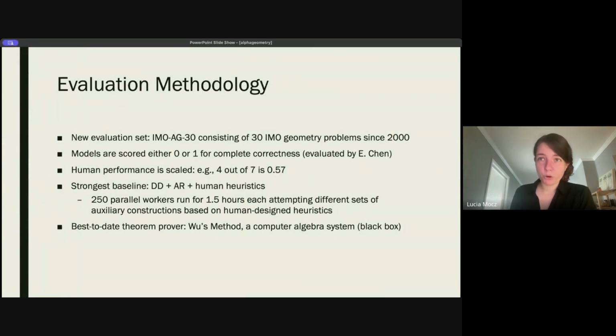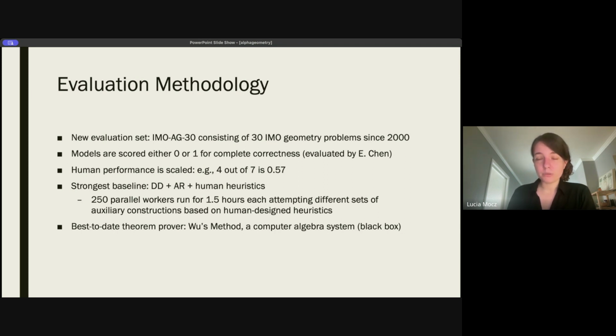To evaluate the performance of this, you use the expert human evaluator, namely Evan Chen, who is a coach of the IMO team here in the US, who has scored and graded many of these IMO exams in his life. The evaluation dataset is a brand new evaluation dataset, which Google DeepMind calls IMO AG30, which consists of 30 IMO geometry problems, which were used in the actual competition since 2000.